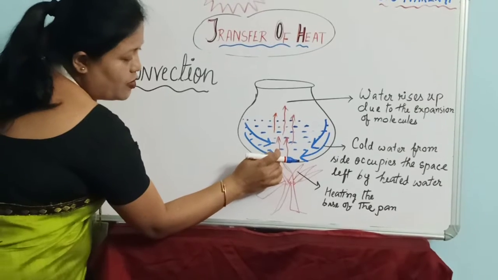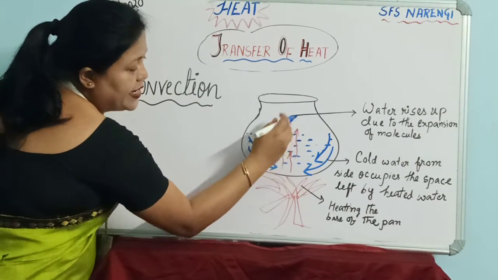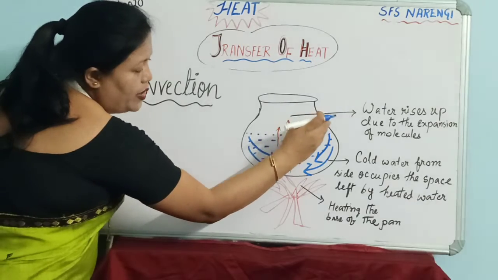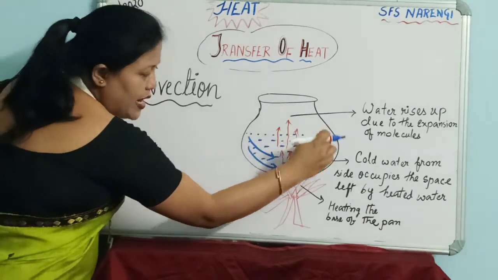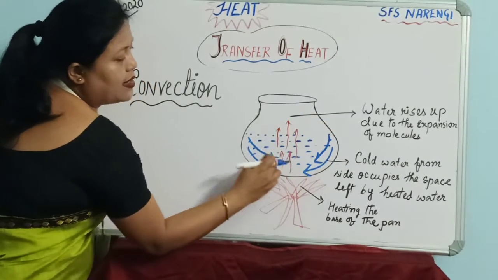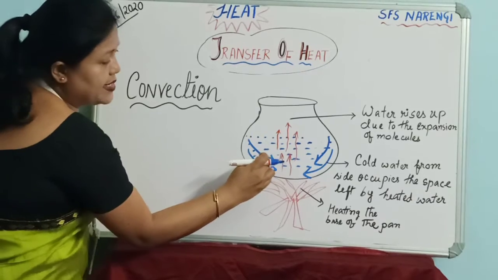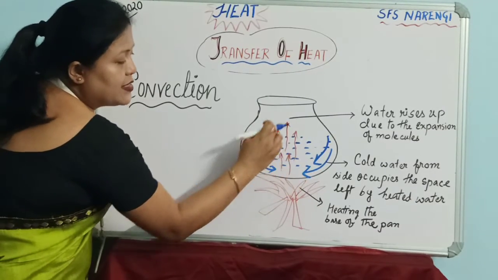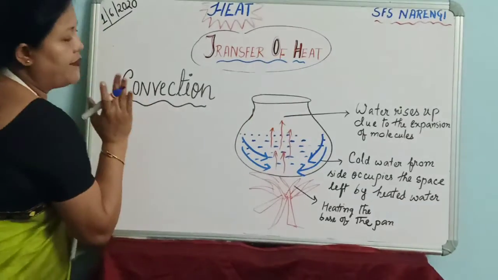Again it gets heated, again it rises up and transfers the heat, again it gets cold and comes down, is heated, and rises up. Like this, it sets a convection cycle, and this is how the water gets heated. This is a very good example of convection.